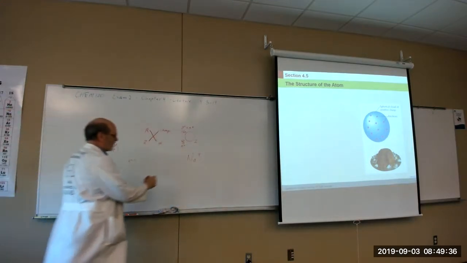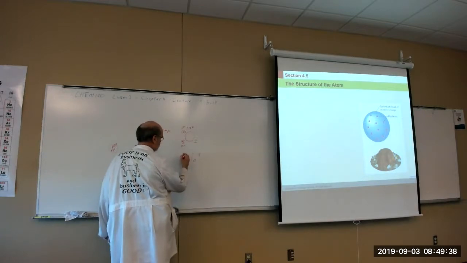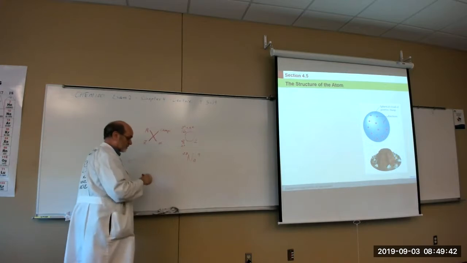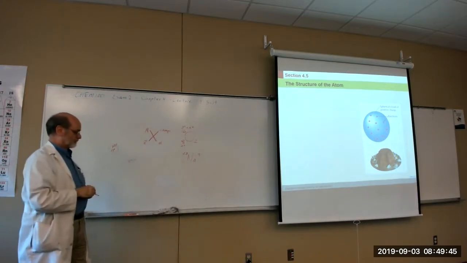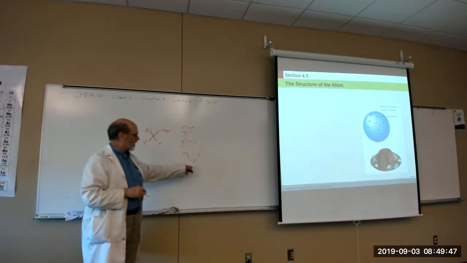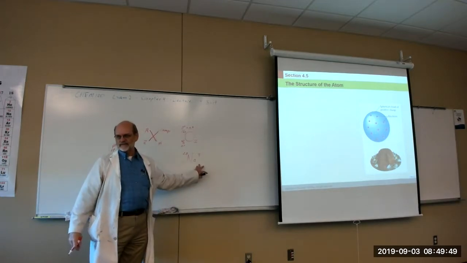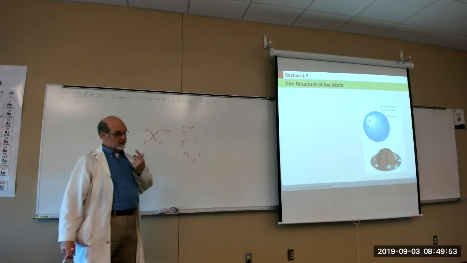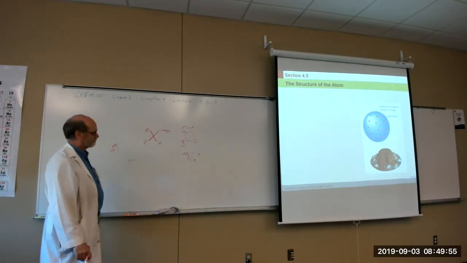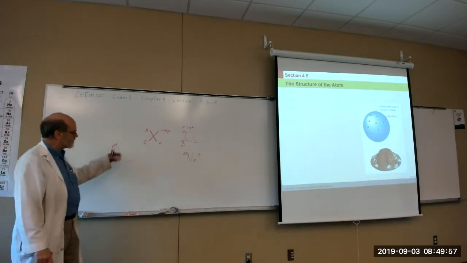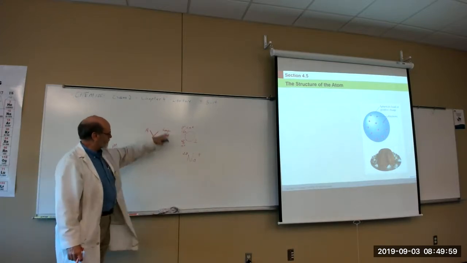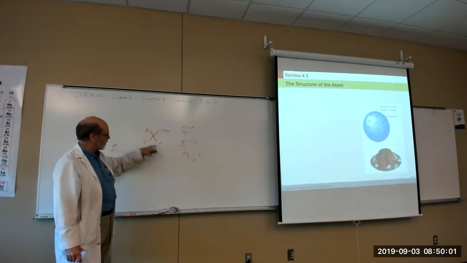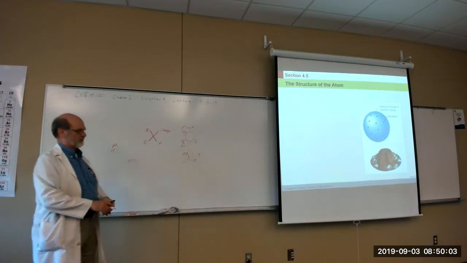And it'll have 11 here, and the most common isotope is 23. Now, if there's only one of them, we never write 1. That's just redundant. If you got a symbol there, you got at least 1. So that's what happens around the position. These are reserved for that information.